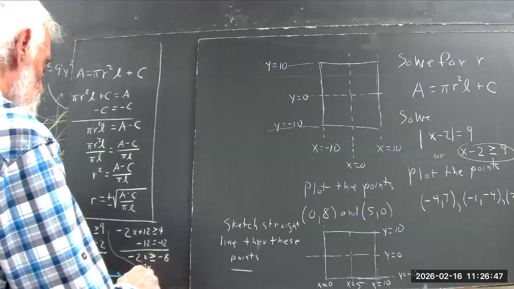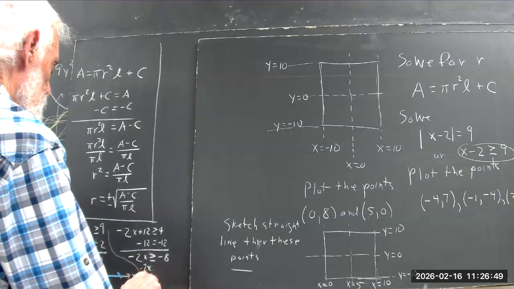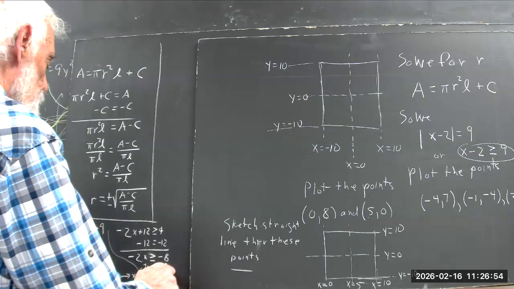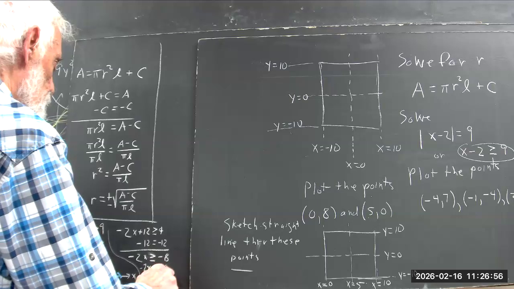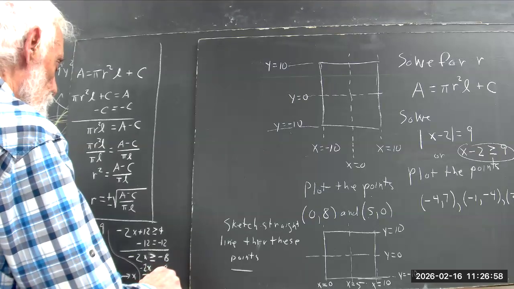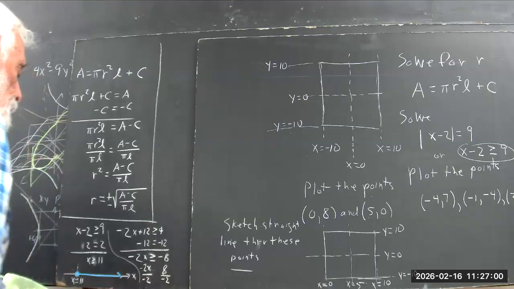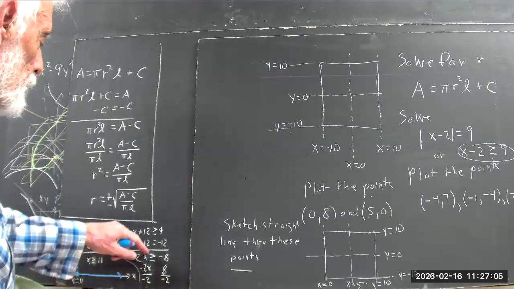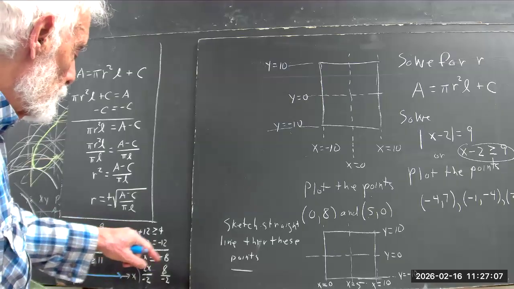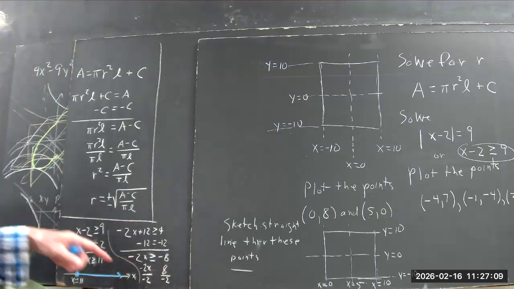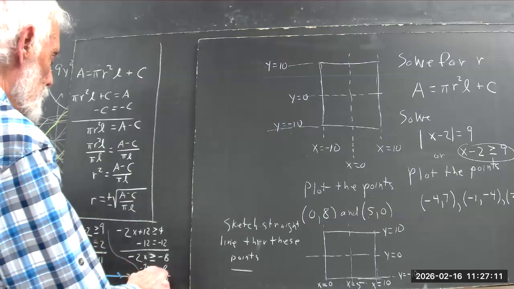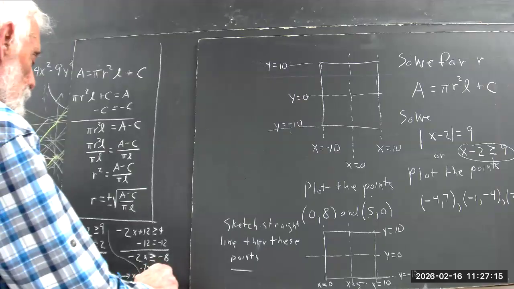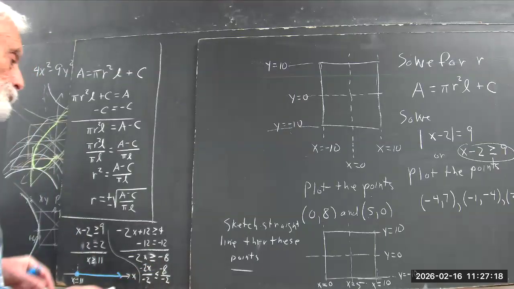Then we divide both sides by the coefficient of x. That would be negative 2. So we're going to get negative 2x over negative 2 on one side and negative 8 over negative 2 on the other. The inequality reverses because we're dividing by a negative. So instead of greater than or equal to negative 8, we get negative 2x over negative 2 is less than or equal to negative 8 over negative 2.